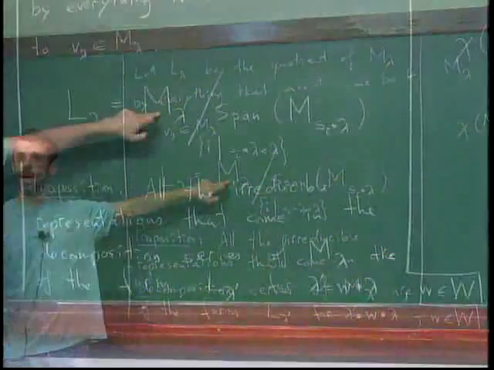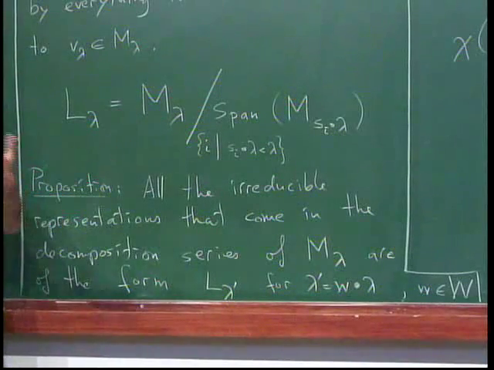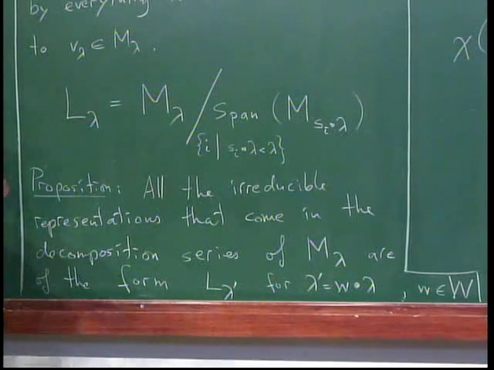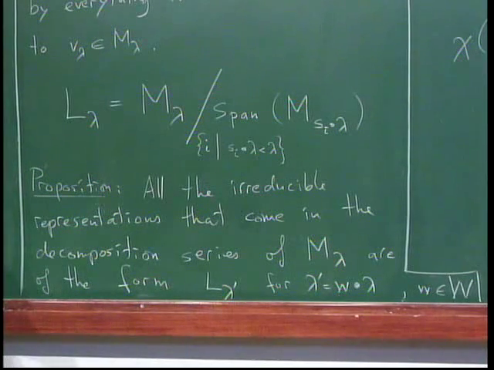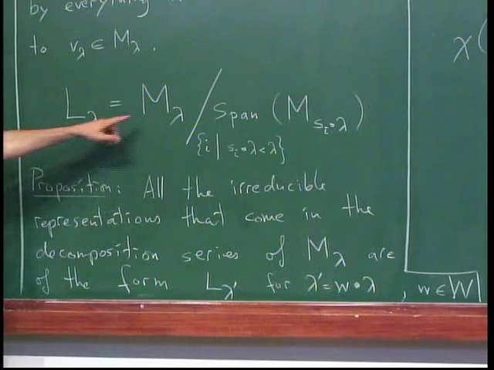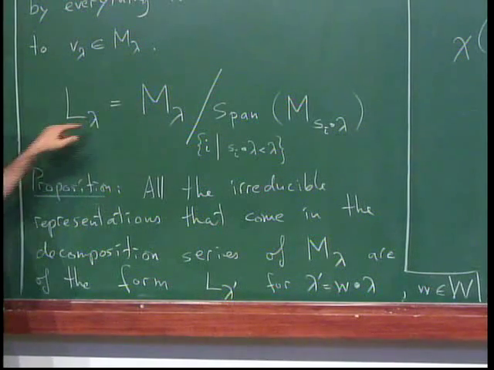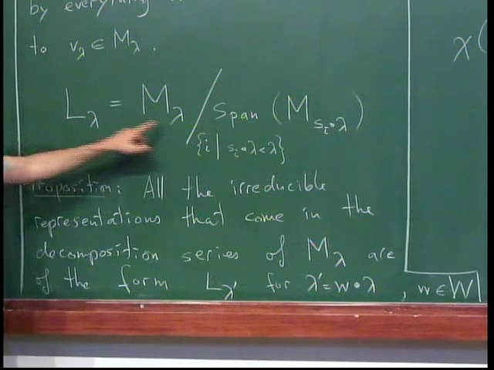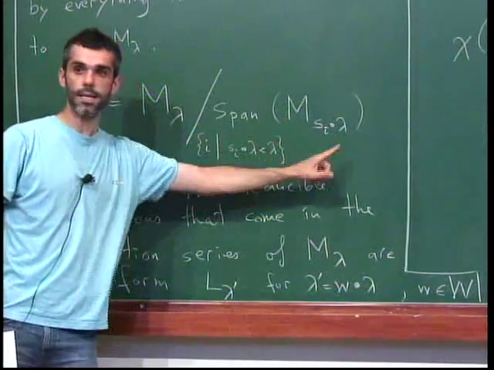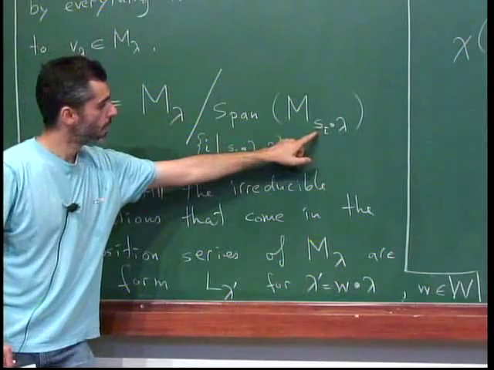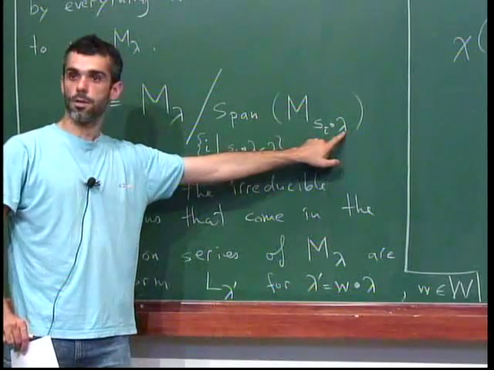So I want to decompose this guy into irreducibles. Well, it's not really a direct sum, but I want to find a filtration, and I want to ask what are the irreducible pieces that show up in the associated graded for this filtration. Well, certainly, M lambda is showing up in M lambda, and that's irreducible. But then I have also all the irreducibles that show up in here. So I have L of Si bullet lambda that shows up.